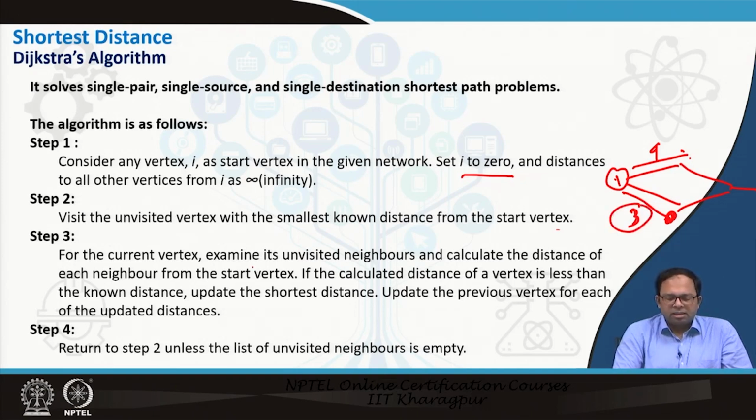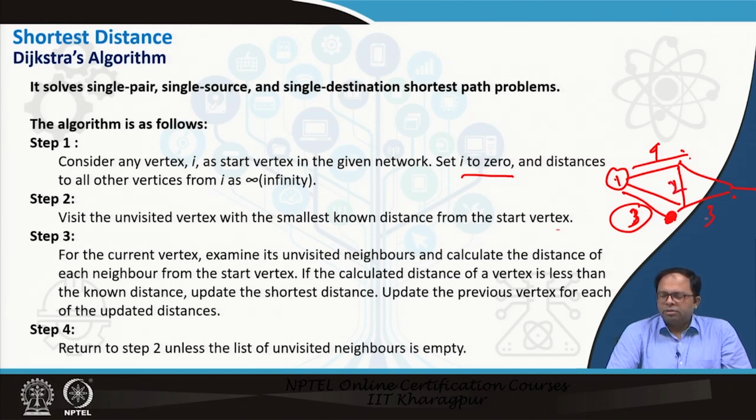From the current vertex, like over here, examine its unvisited neighbors and calculate the distance of each neighbor from the start vertex. So, from here we can go over here. If there was a link like this, I could have gone over here. So, in that case, I will also determine the impedance from the start vertex. So, suppose this is 2 and this is 3.